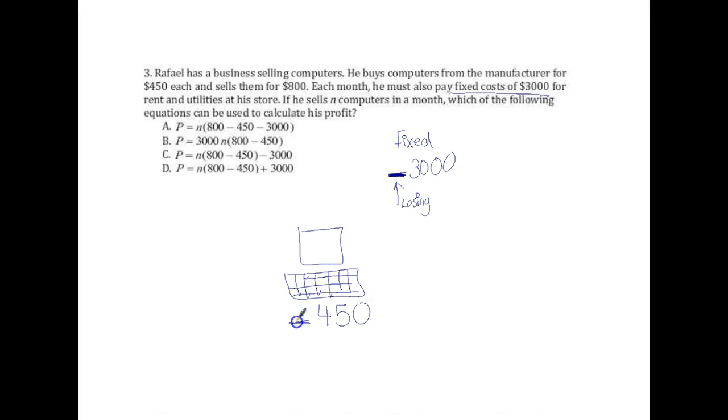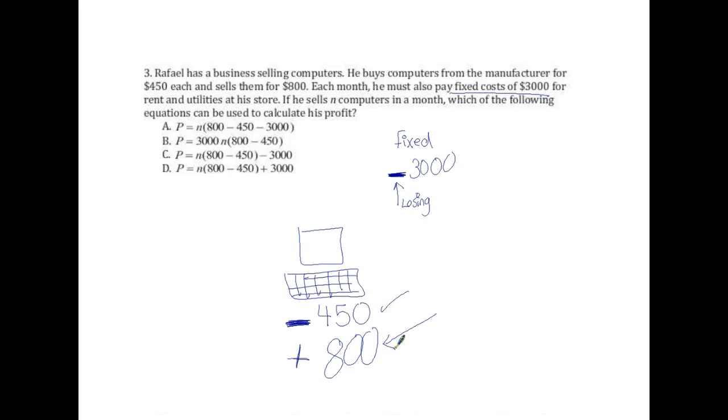So again, he's spending or losing $450, but he's also gaining $800 back. So, he goes to the retail shop, he pays $450, and then if you go buy the computer from him, you're going to give him back $800.